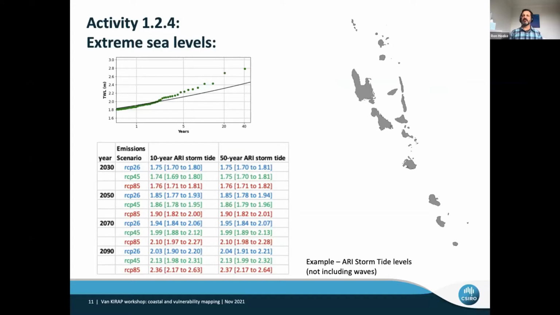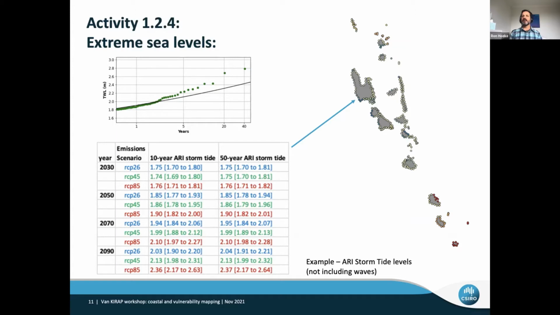So again, what we've done using this regional climate information is we've modeled these changes in ARIs. Here you can see them for the 10-year and the 50-year storm tide or total water level out into the future. But whereas for the sea level rise projection scenarios, there's only one projection that covers all of Vanuatu, here we've calculated them for multiple points, actually over 2,000 points at regular intervals around the coastline of Vanuatu.